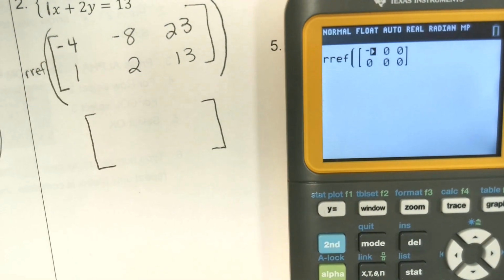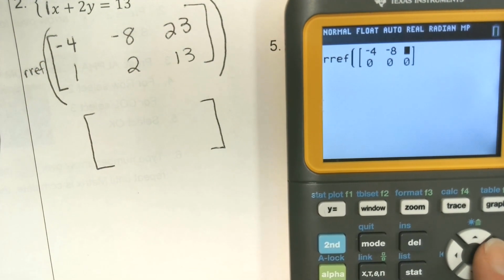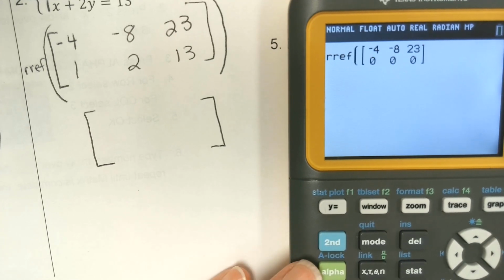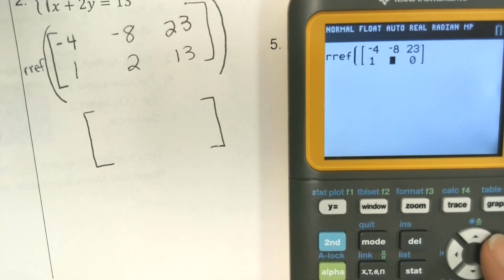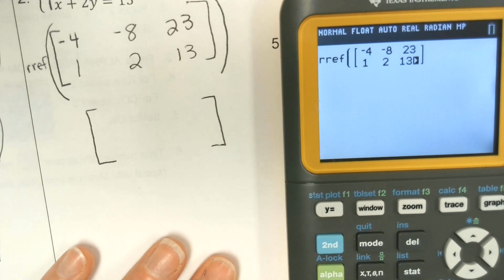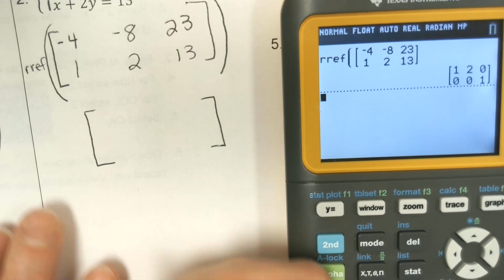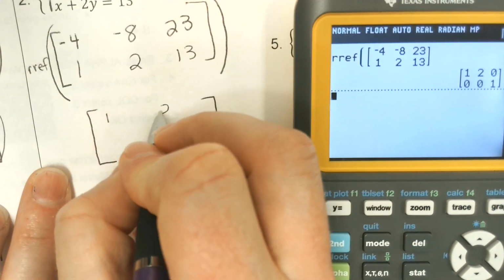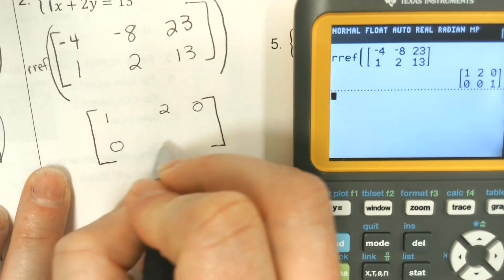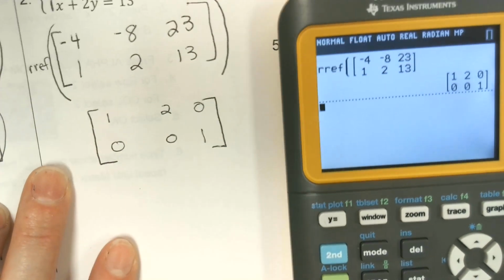Put these numbers in. Make sure you use the arrows to go from one number to the next. So then it's 1, 2, 0, 0, 0, 1.